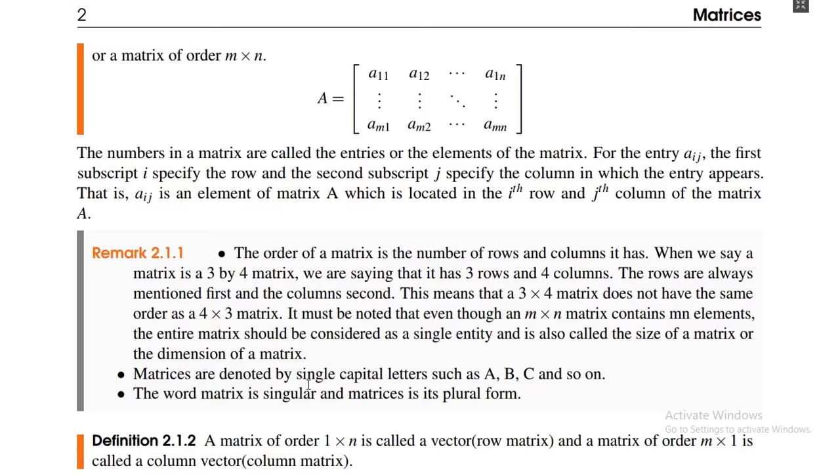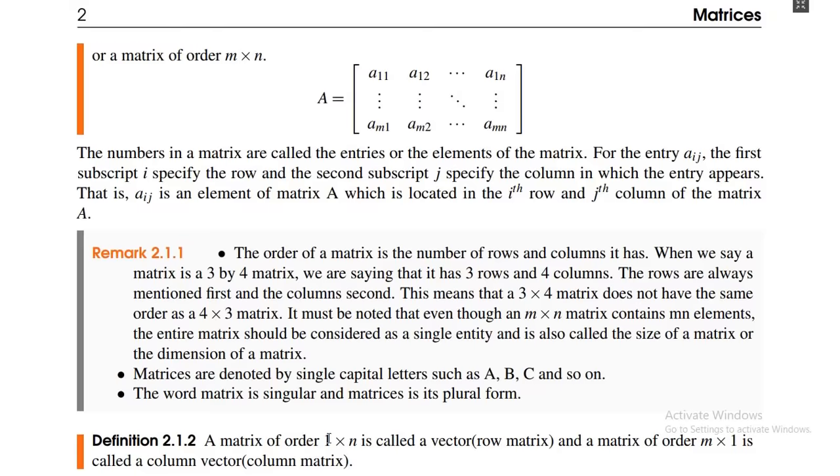Now, matrices are denoted by single capital letters such as A, B, C, and so on. The word matrix is singular, and matrices is its plural form. As a definition, a matrix of order 1 by n is called a row vector or row matrix, and a matrix of order m by 1 is called a column vector or column matrix.